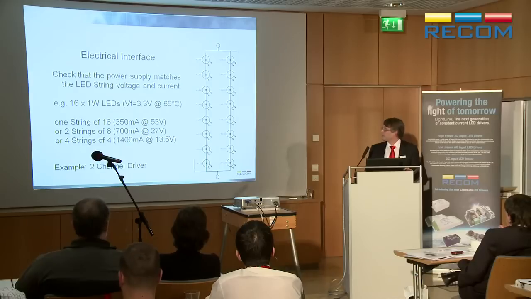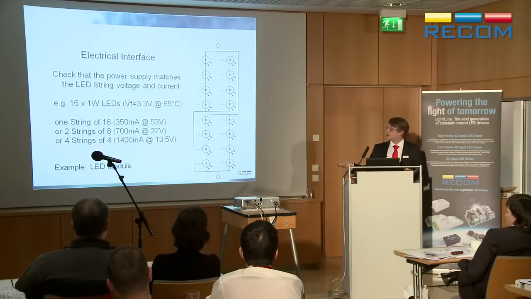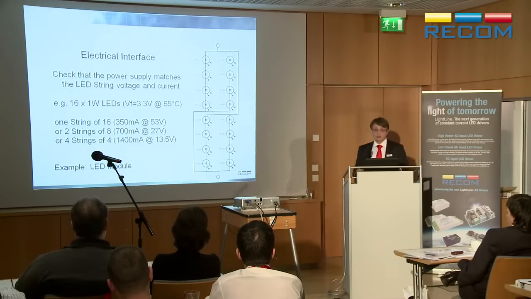These are the same LEDs every time. We can do 4 strings of 4. Now you've got 1.4 amps of drive current, but only 13.5 volts. So this is so difficult for us as a driver manufacturer to make the right drivers that match the right combinations, because these are all the same LEDs. 3 completely different solutions to what you need for the electrical interface.